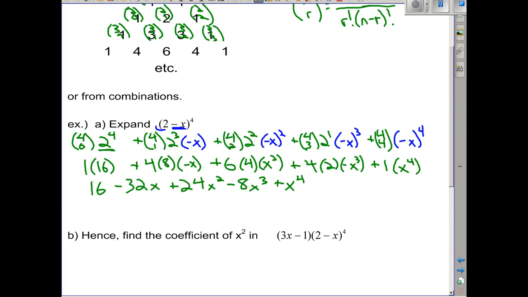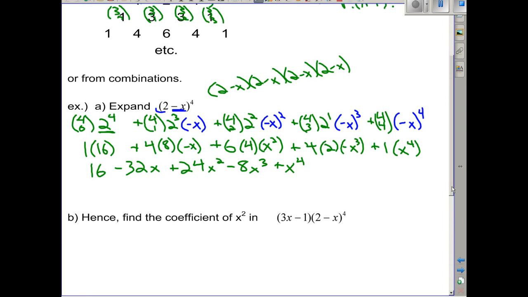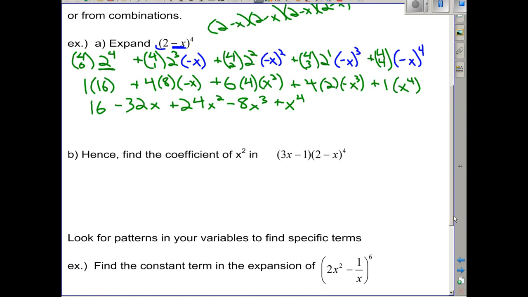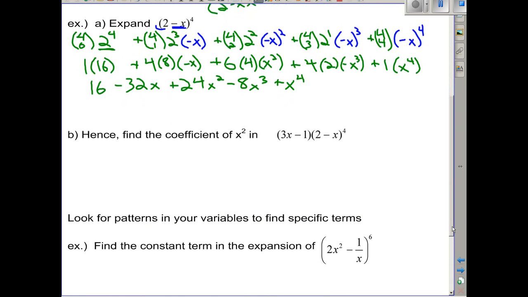Alternately, we could have written out 2 minus x 4 times and used the distributive property, but really, that's going to be unpleasant, and the likelihood of following it through without any errors is relatively low. So binomial expansion can really save us some time, especially being able to use the triangle well.